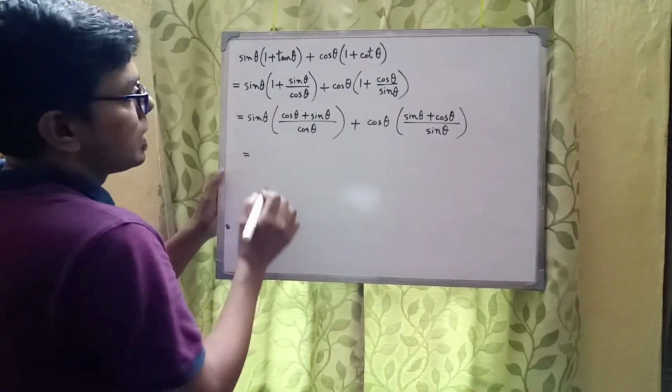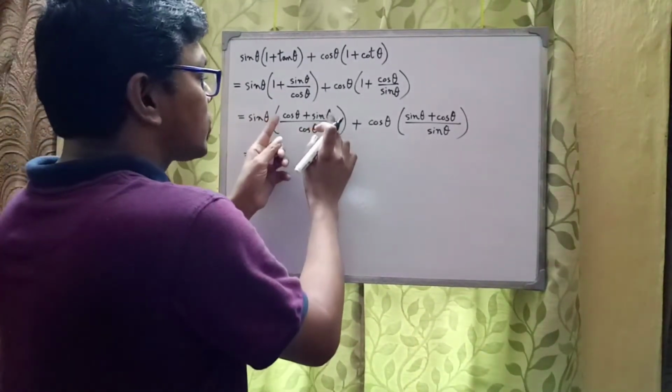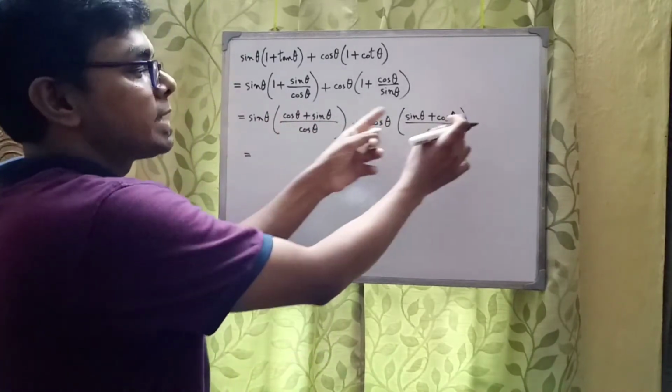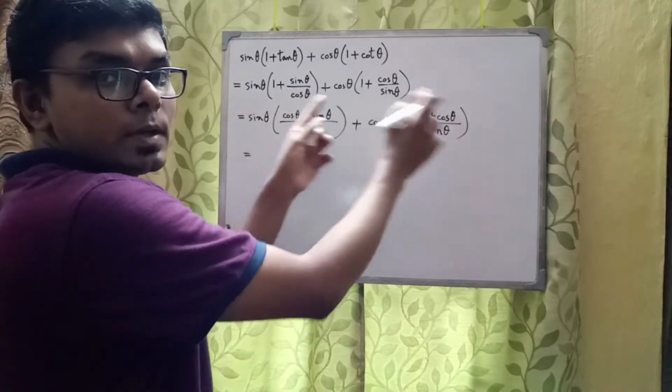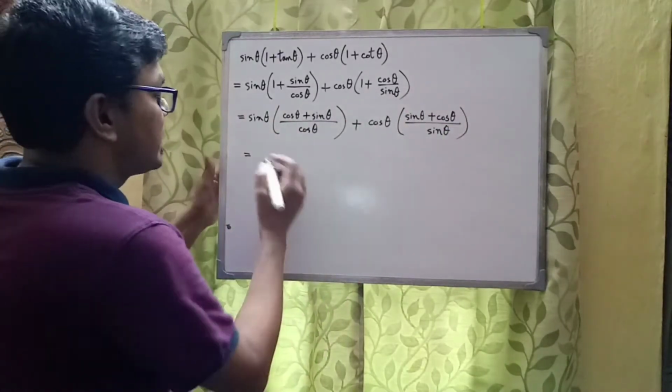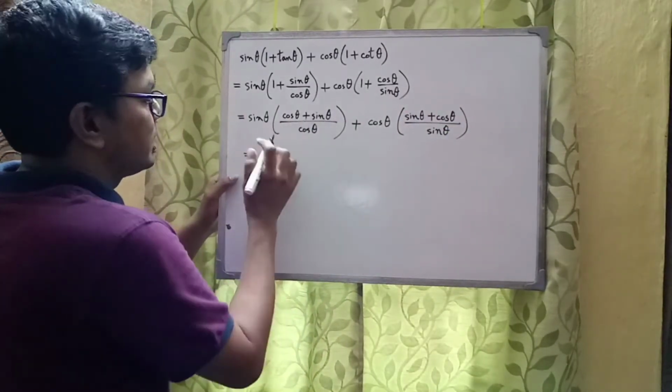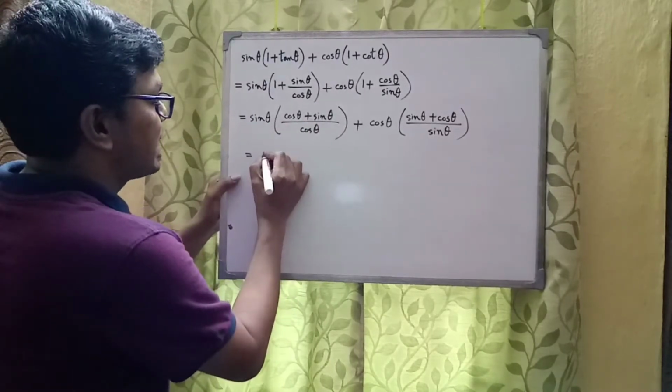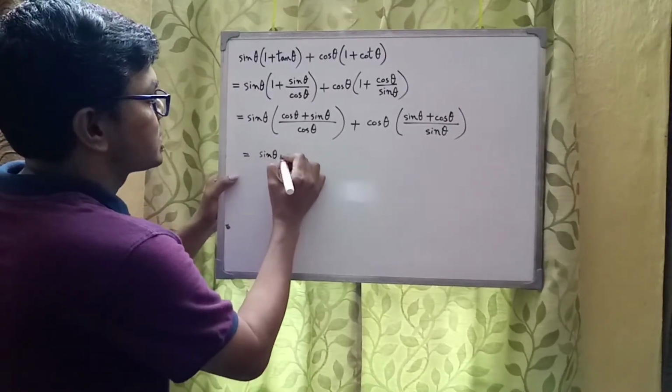Now the benefit of doing this is that we have got cos theta plus sine theta here, and we have also got sine theta plus cos theta over here. It is the same term in both places. So we can write this, cos theta plus sine theta, as a common factor.